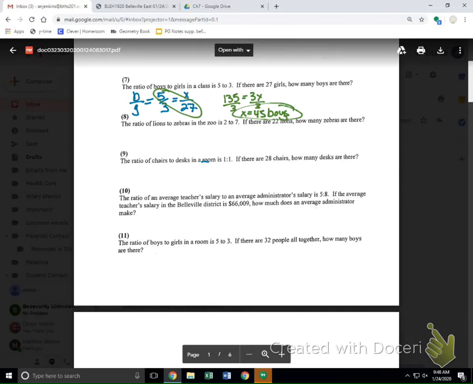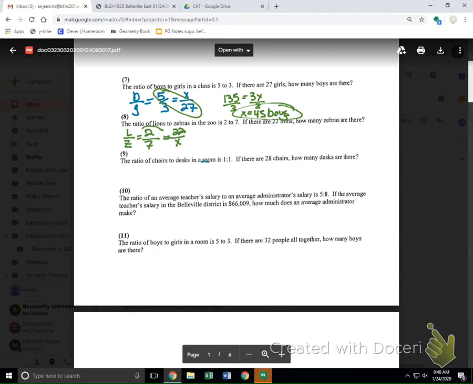Our next one is lions to zebras, so that means lions are in the numerator, zebras are in the denominator. I'm going to line it up with this again. It says 2 to 7, so 2 lions to 7 zebras, every 2 lions to every 7 zebras. And then we know that there are 22 lions. Since it's lions, it goes in the numerator, 22. How many zebras are we talking about?